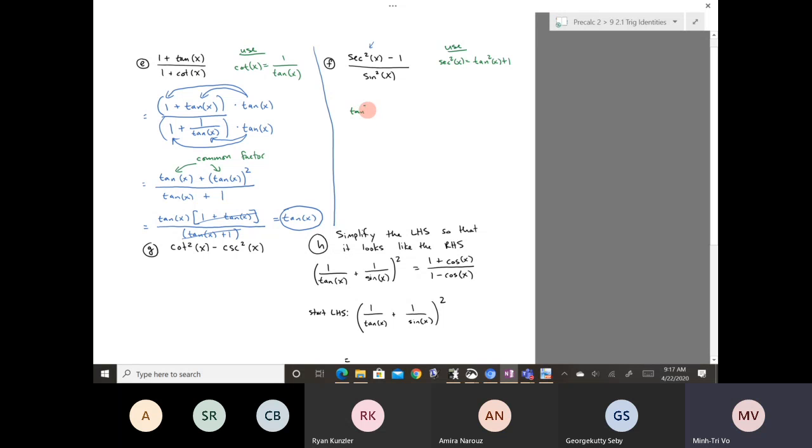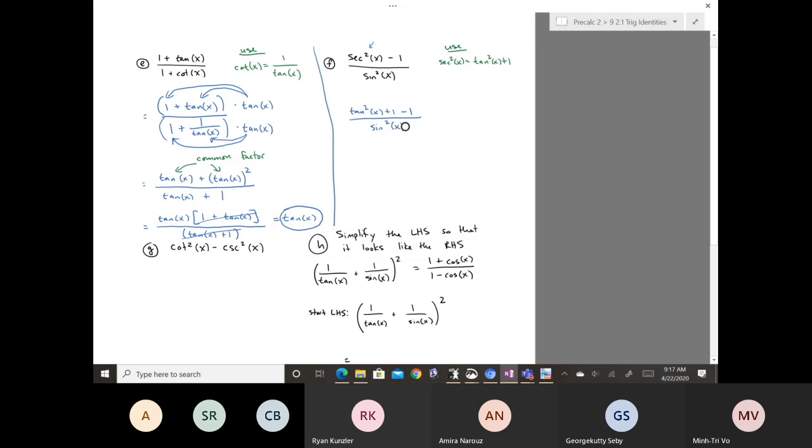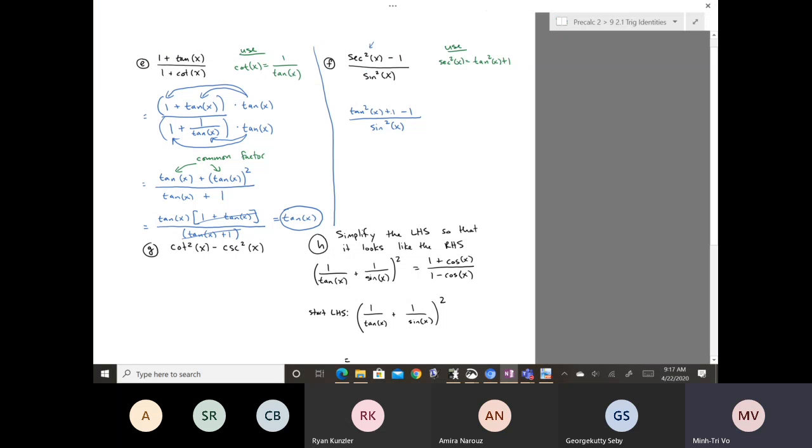So tangent squared x plus 1 minus 1, right, so this plus 1 and then this minus 1 over sine squared x. Okay, so plus 1 and minus 1, that cancels out. So what am I left with? So tangent squared over sine squared.